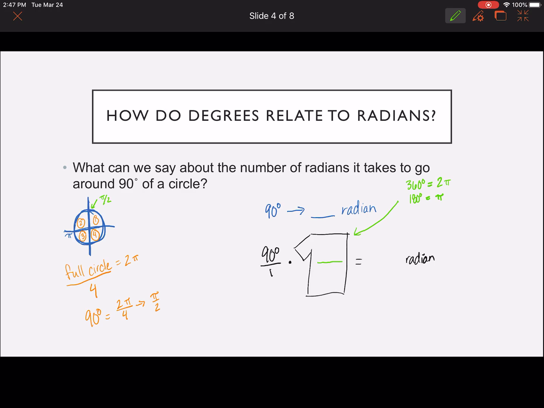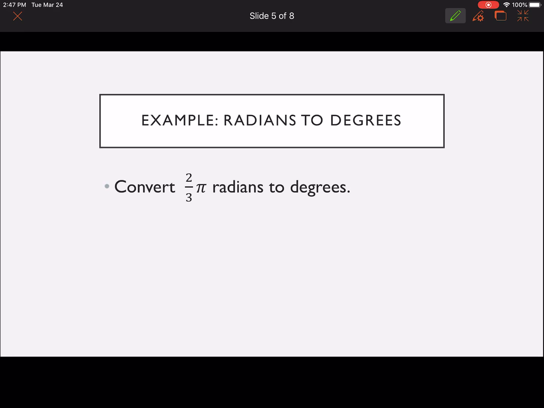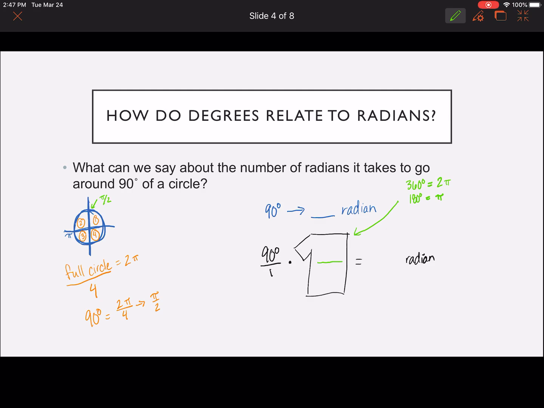So I'm going to use the second one just because it's a more reduced expression. In this case, we know that pi is equal to 180 degrees. We want to be in terms of radians and cancel out the units that are actually in degrees. So we're going to use 180 degrees down below and pi on top. And because those 2 things are equivalent, it's like throwing a giant 1 into this equation.